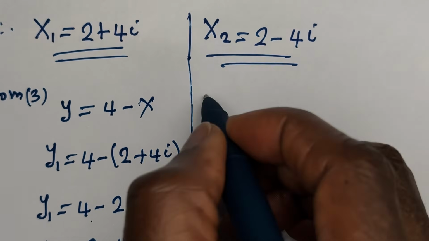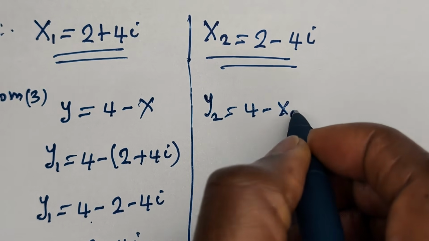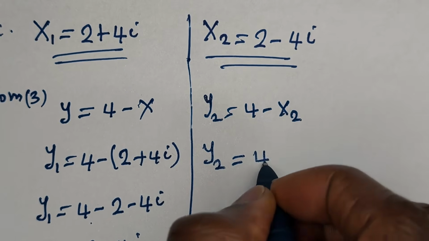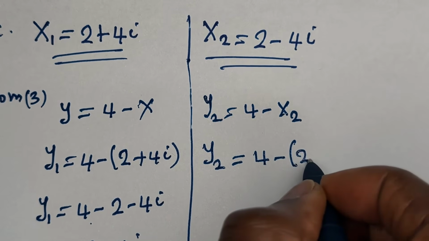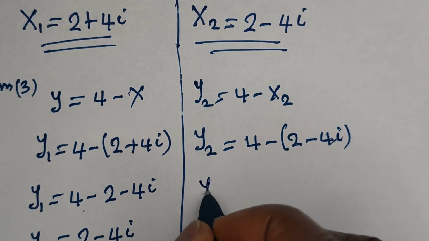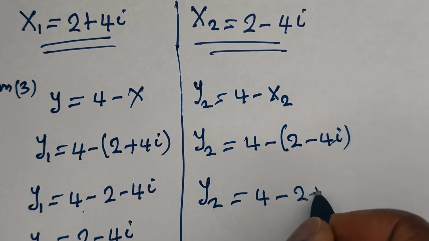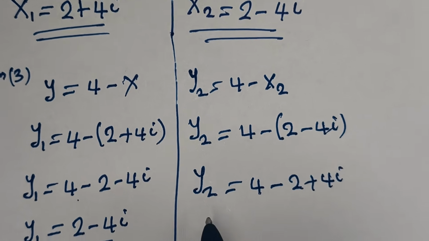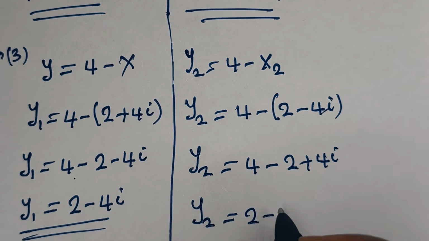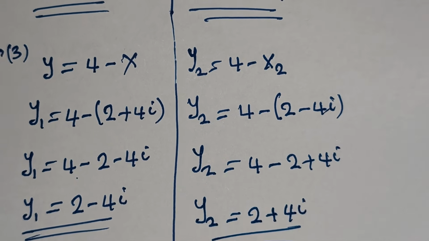Then also y2 is equal to 4 minus s2. y2 is equal to 4 minus s2, which is 2 minus 4i. y2 is equal to 4 minus 2 plus 4i. y2 is equal to 2 plus 4i. This is the value of y2.